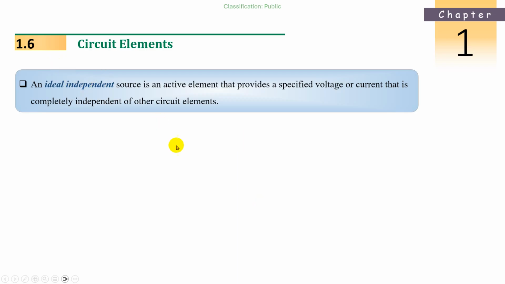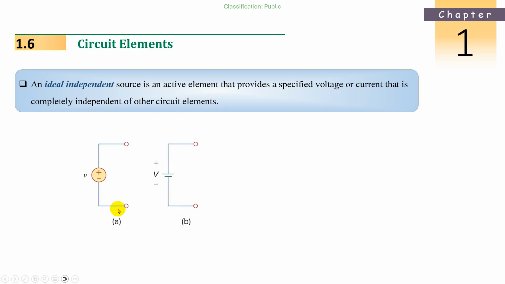This is like an independent source only, but I am adding ideal because it doesn't have any problem, leakage or losses in it. So it won't depend on other circuit elements.